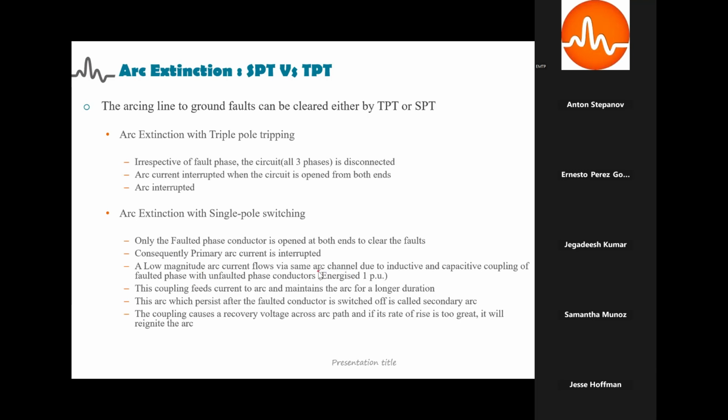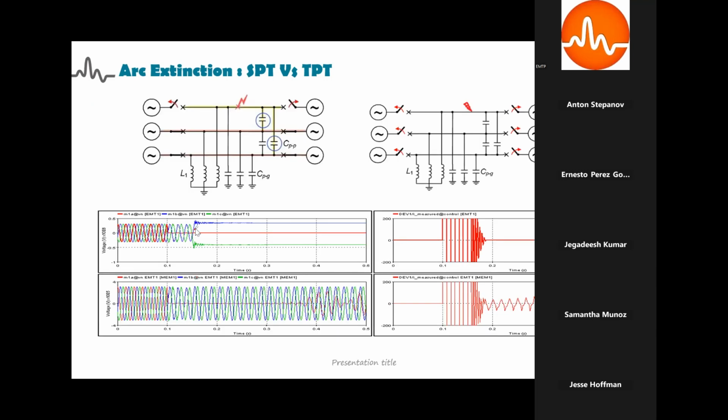This arc current, which flows after opening of the circuit breakers, is called secondary arc current. It is supplied by the inductive and capacitive coupling of the healthy phases. I will explain this with an example diagram. To the left we have single pole tripping, and the figure to the right explains triple pole tripping.